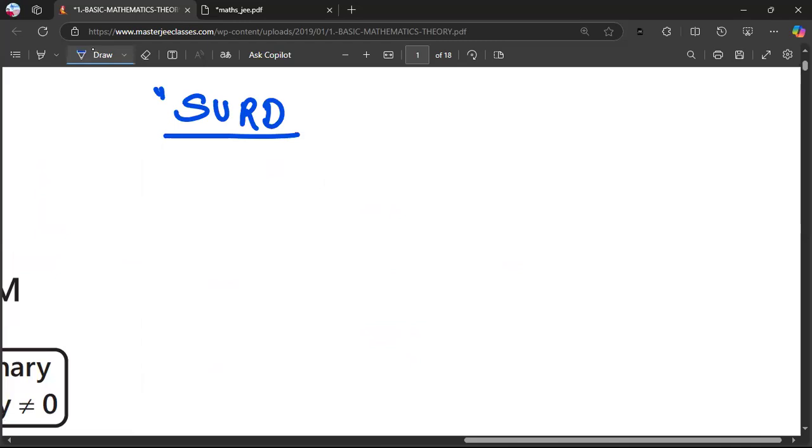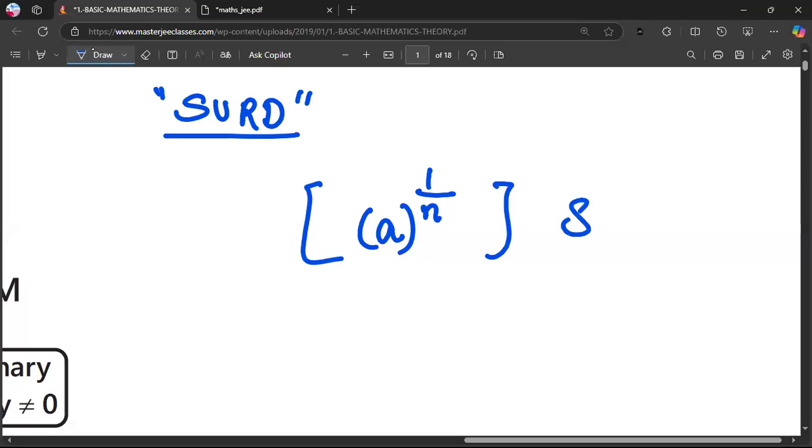They are just simply known concepts to which we are just giving a new term. So what is happening here is any number is there, and in its power there is 1 by any number, but it will be known as a surd just if it satisfies one condition, that is A must not have its power in perfect n multiples.